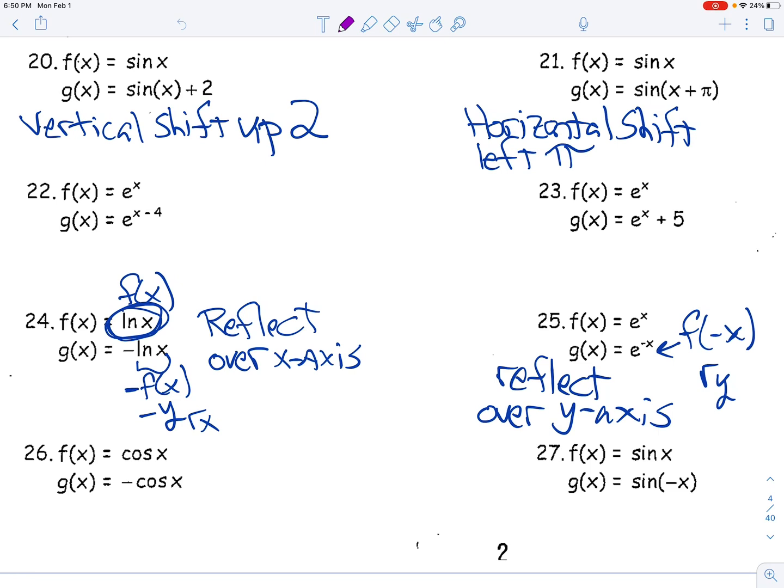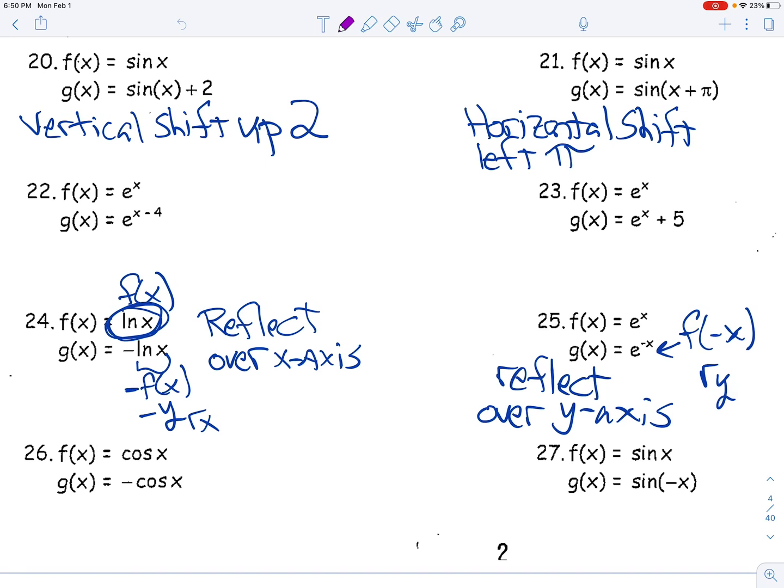The directions are to describe the transformation used to get from f, the original function, to g. We have e to the x as my original, f of x, and g of x here is e to the power of x minus 4.